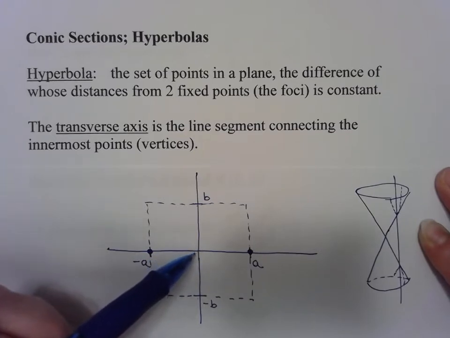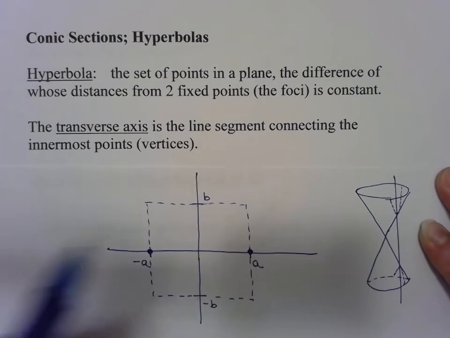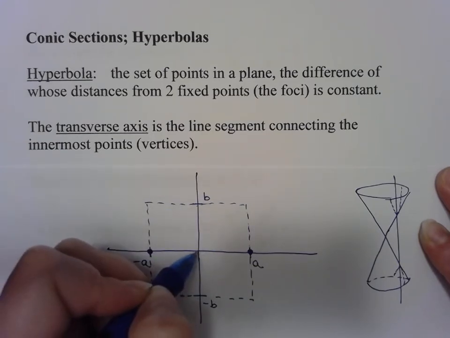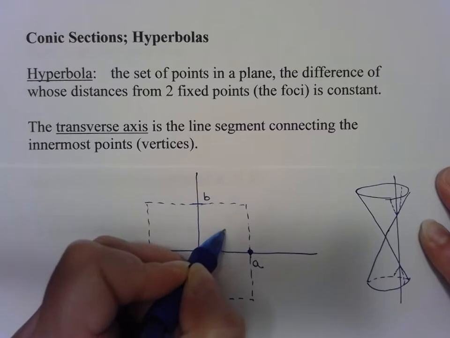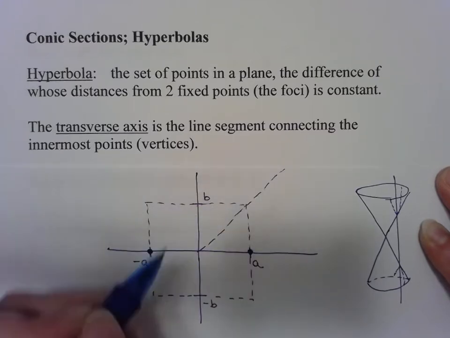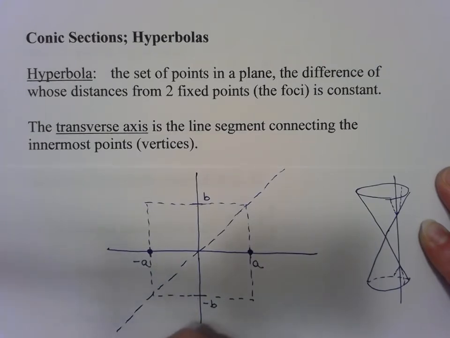The hyperbola has an asymptote that it approaches at the ends of each curve. So the hyperbola will approach the asymptote, and the asymptote is the diagonal through this box. By drawing the box, it makes it easier to identify where the asymptote would be without plotting a whole lot of points.